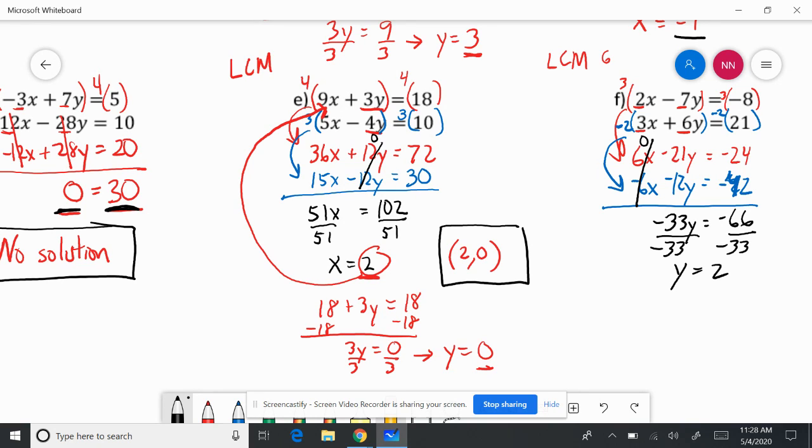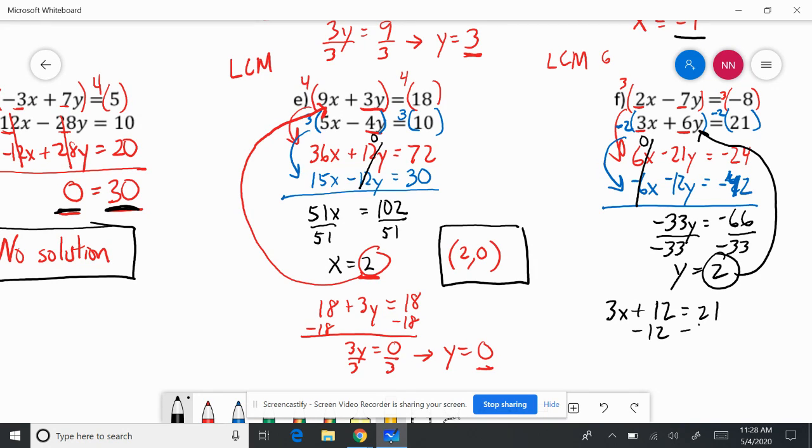Now, I found y. What I need to do next is find x. I need to pick one of the two equations. I'm going to pick the bottom equation this time. Once again, it doesn't matter. When I plug it into the bottom one, I have 3x plus 6 times 2 is 12 equals 21.